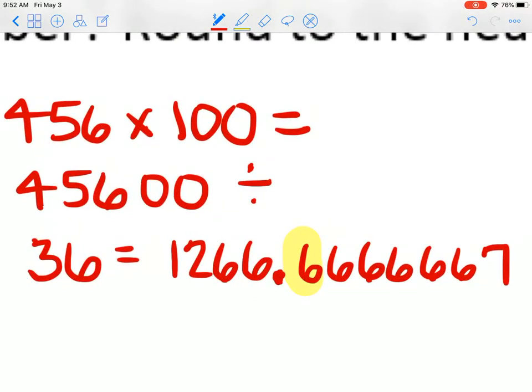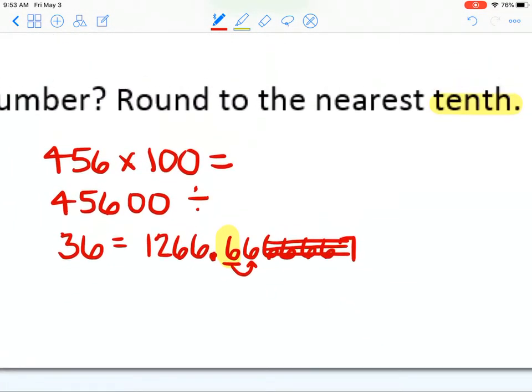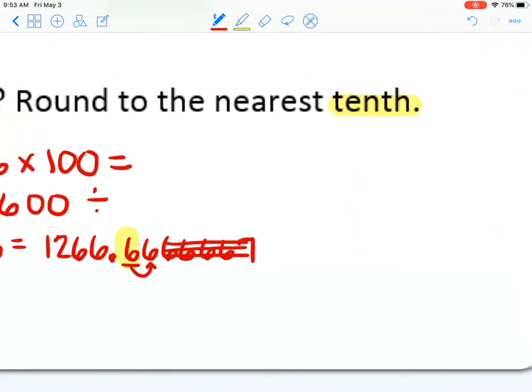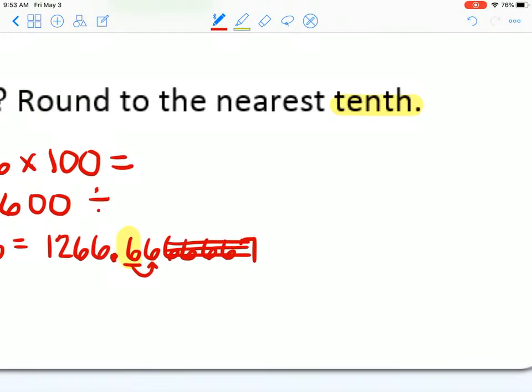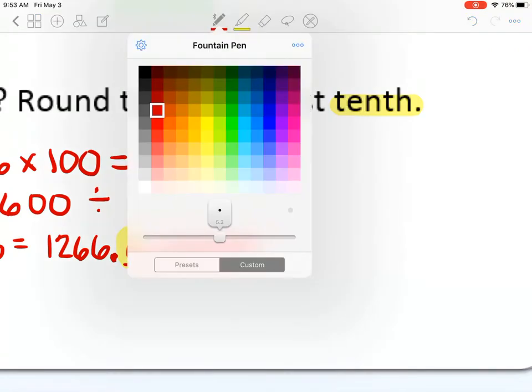We've marked the tenths place, and we're going to look at not the tenths place, the hundredths place, the neighbor. And all of this stuff is just going to go away. We don't need all of those extra sixes.